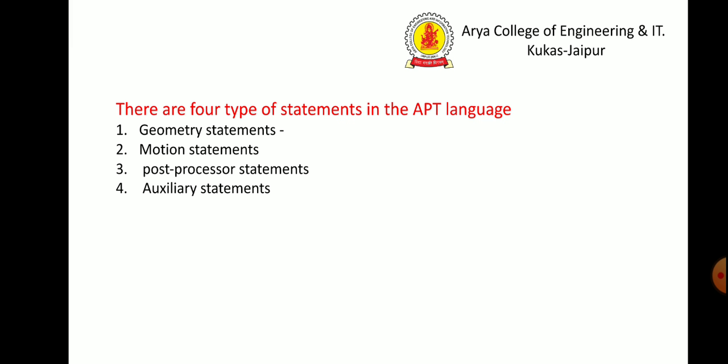Third, post processor statements. These apply to the specified machine tool and control system. They are used to specify feeds and speeds and to actuate other features of the machine. Fourth, auxiliary statements. These are miscellaneous statements used to identify the part, tool, tolerances, and so on.